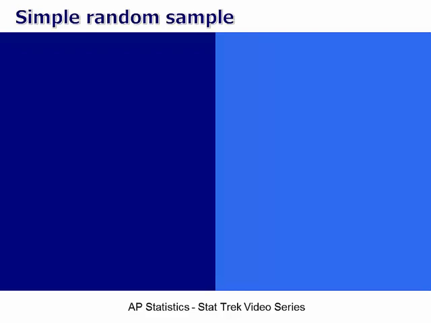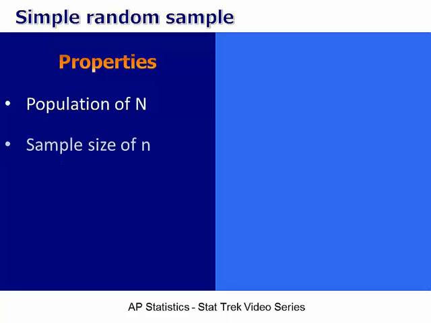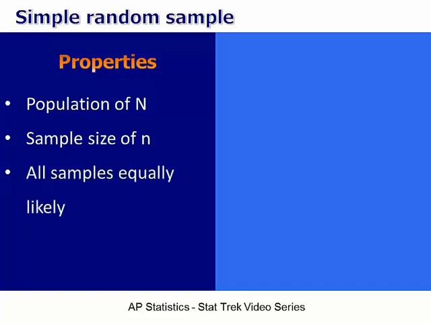Simple random sampling refers to any sampling method that has the following properties. The population consists of N objects, where N is uppercase. The sample consists of n objects, where n is lowercase. All possible samples are equally likely to occur.